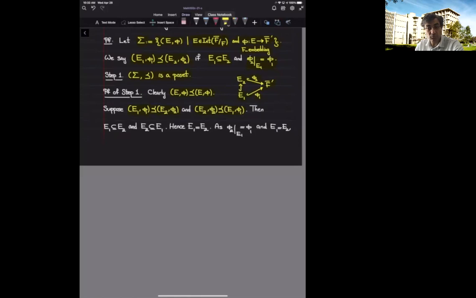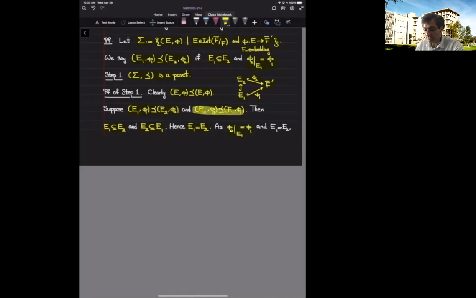Let's start with the first component, the sets, the subfields. Knowing that we have these relations, we can deduce that E sub 1 is a subset of E sub 2 and E sub 2 is a subset of E sub 1, and therefore they are the same fields. Now, knowing this condition means that phi sub 2 is an extension of phi sub 1.